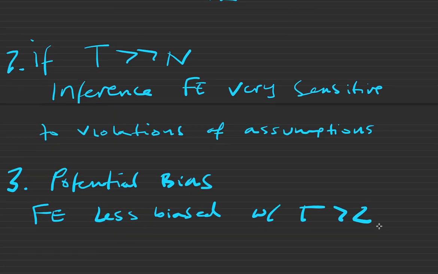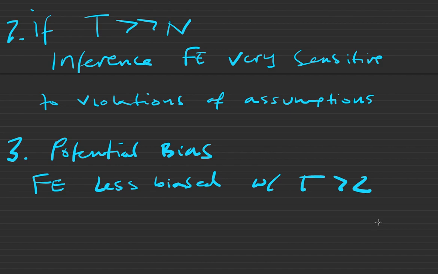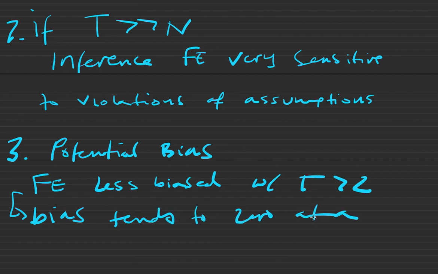And that is because the bias in the fixed effects estimator tends to 0 at a rate of 1 over t. Whereas the bias in the first difference estimator does not depend on t.